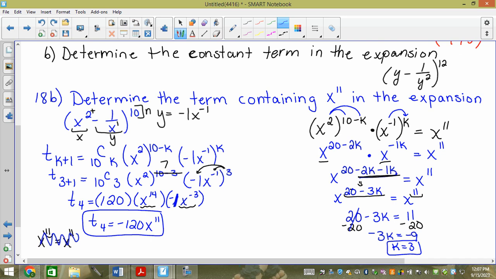Then I'm going to have you flip back to the last example in your notes. Okay?